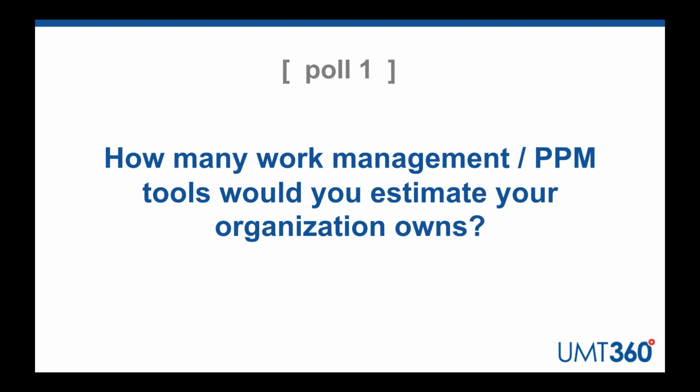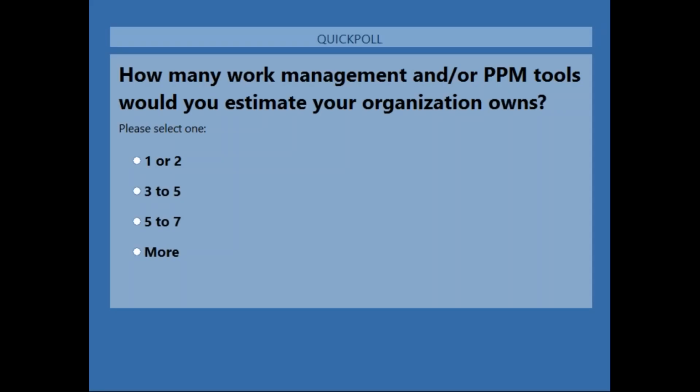So let's jump to the first poll. The first poll is how many work management PPM tools would you estimate your organization owns today? The options are 1 to 2, 3 to 5, 5 to 7, or more. So a couple of seconds, pretty easy poll.